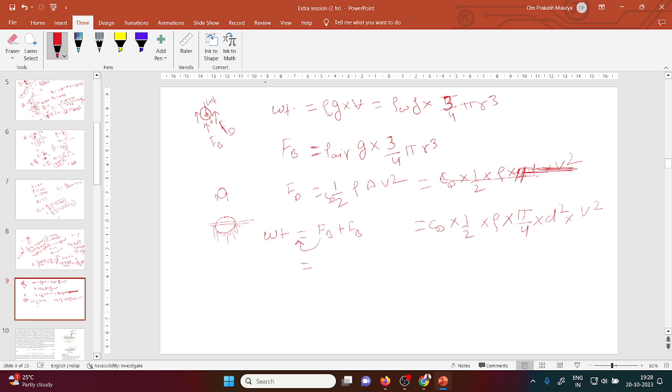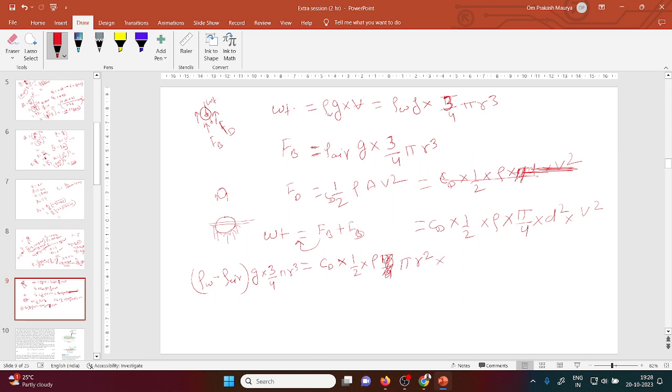So rho W minus rho air into G into 3 by 4 pi r cube. Now this is FD. FD is equal to your CD into half rho pi by 4, or we can put pi r square.